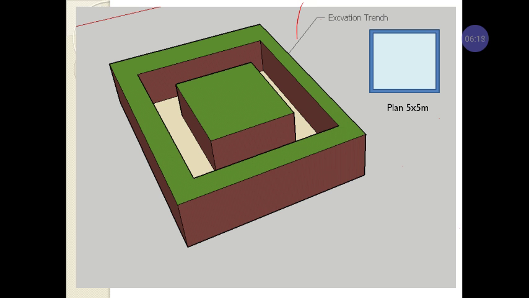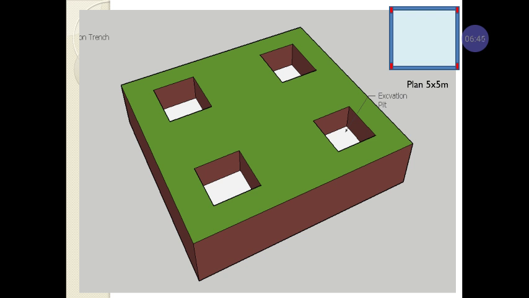If you see the trench of this foundation, or the excavation method of this foundation, that is load bearing structure. If you see the plan of this structure, you can see a blue color walled plan where there are walls of internal dimension 5 meter by 5 meter.